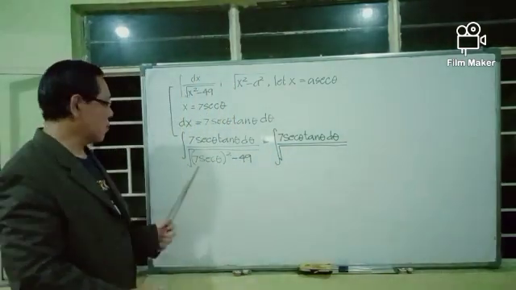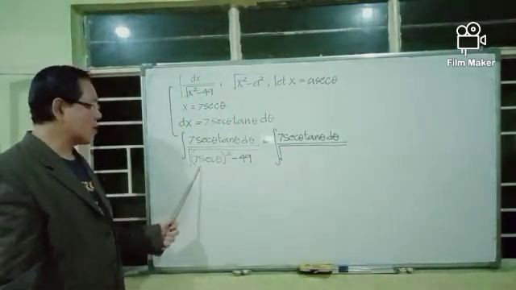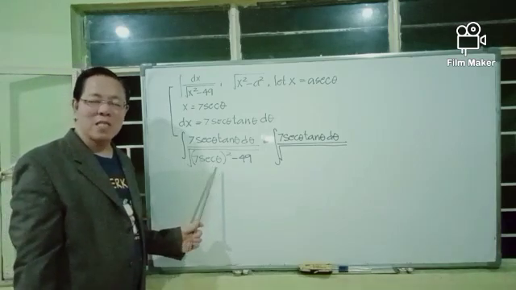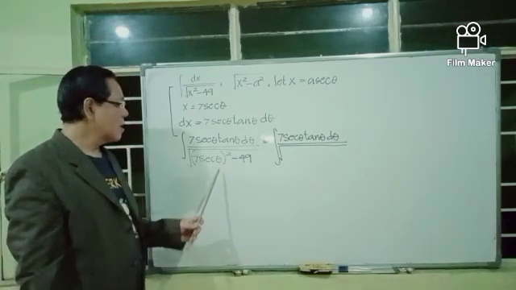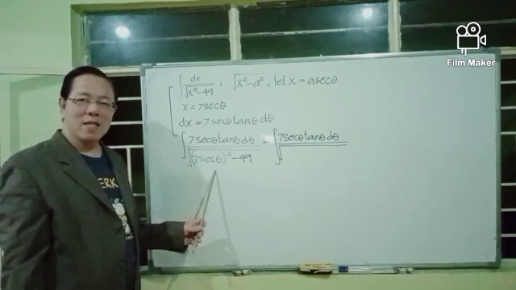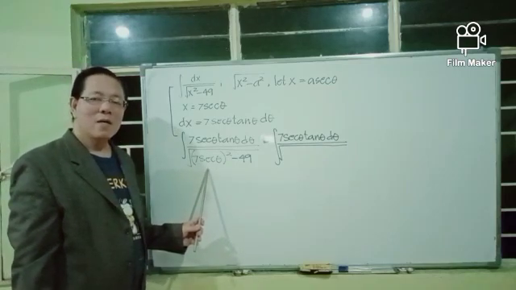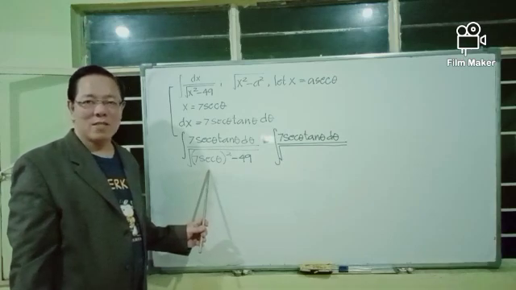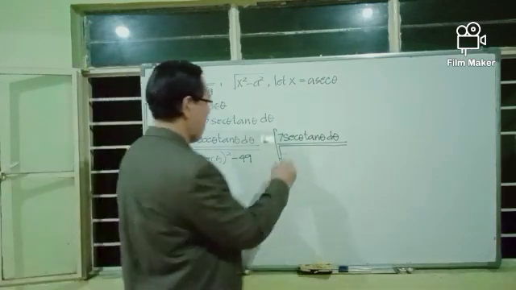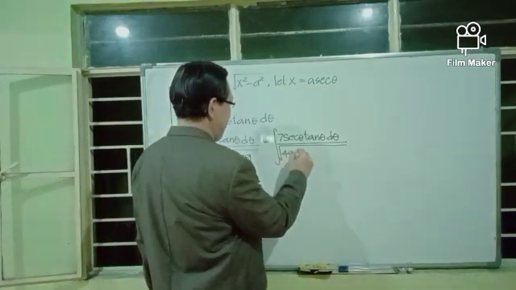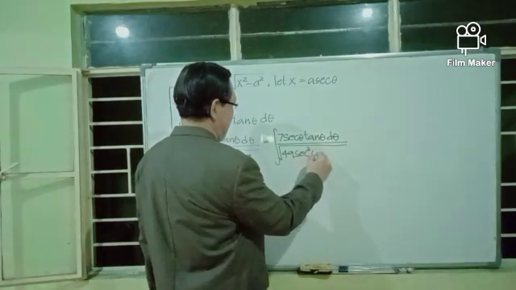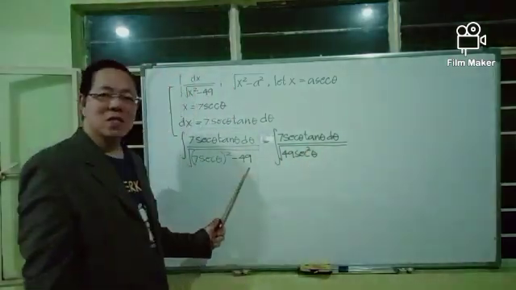over the square root of the square of 7 secant theta. By property of exponent in your algebra class, the square of 7 secant theta is equal to the square of 7 multiplied by the square of secant theta. And we get 49 secant squared theta minus 49.